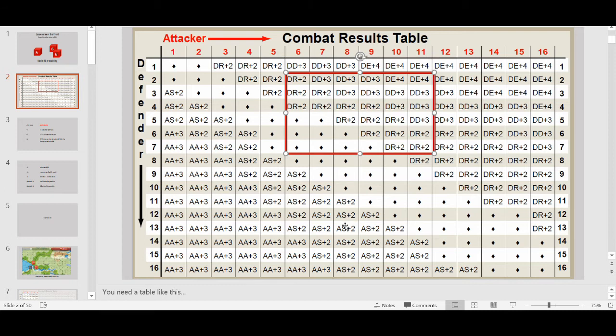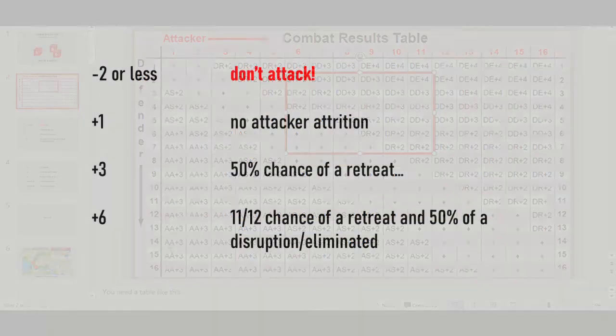If you have one of these, what you learn is that the combat table is mostly about the absolute difference between the attacker and the defender's dice roll modifiers. So if the attacker has a 2-point advantage or a 3-point or a 4-point advantage in their dice roll modifier, what exactly the modifiers are is always much less important.